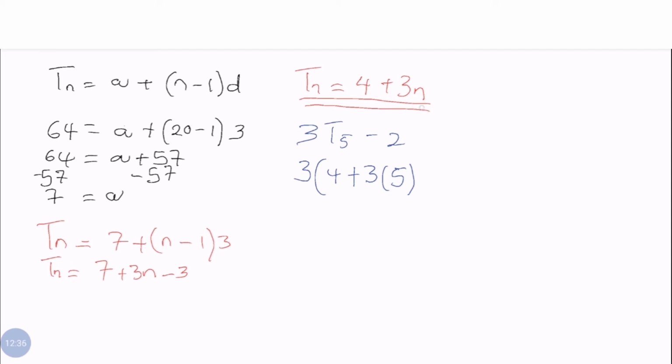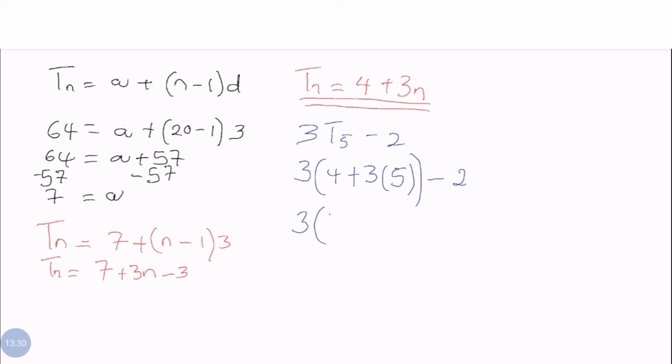For n we substitute with 5, then subtract 2. Oh, we forgot to close the bracket here. So now we will sort this out. This is 3, open bracket, 4 plus 3 times 5. 3 times 5 is equal to 15, plus 4, that is 19.